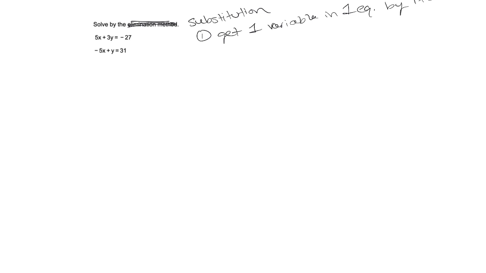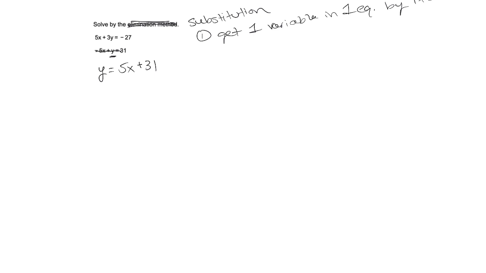So the easiest one is this y, because it has a coefficient of 1, so we can just make it y equals, we're going to add the 5x to the other side, so it makes it 5x plus 31.